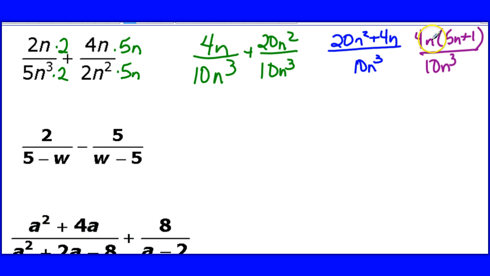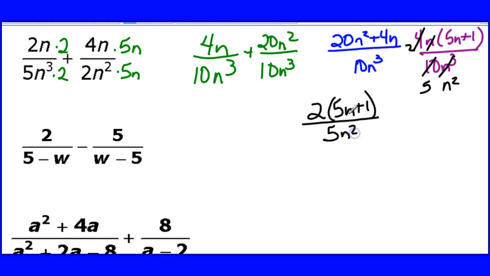What can cancel out? This n will cancel with this and leave me an n squared. 4/10 can be reduced to 2/5. So I end up with 2 parentheses 5n plus 1 divided by 5n squared.